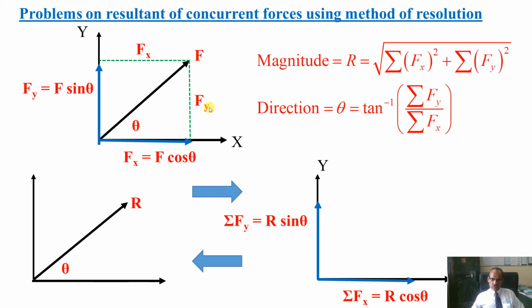And the direction: theta will be tan inverse of summation of Fy divided by summation of Fx. So this is the simple way by which you can calculate the resultant of force systems. See, this is summation of Fy, this is summation of Fx.